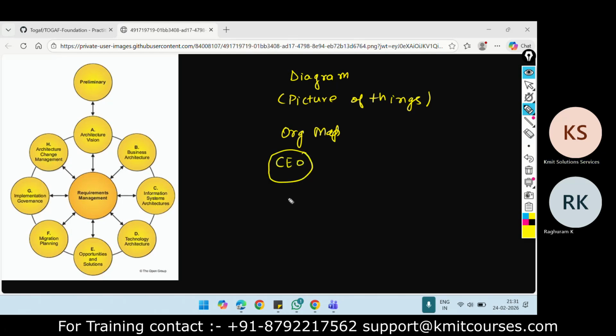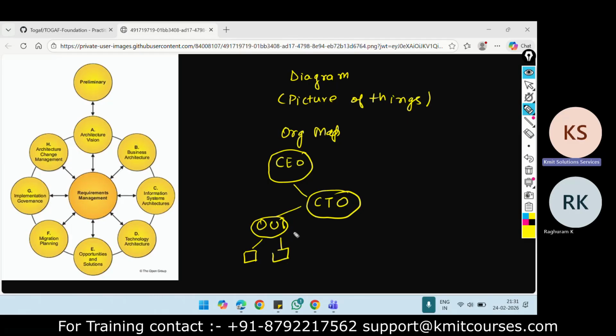In the organization, you are saying there is a CEO, and there is a CTO who is reporting to the CEO. There is a particular business unit, organization unit one, consider this as accounting, and what are the different departments in that?